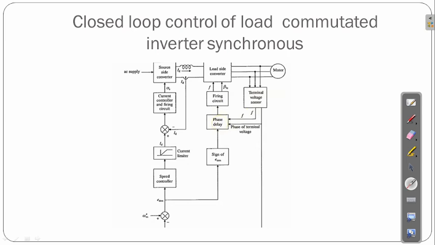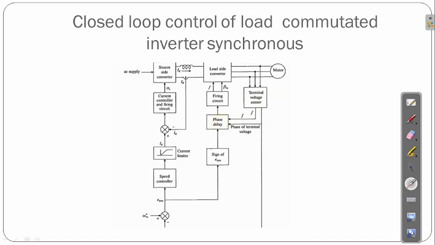Then the DC controller, speed controller and current limiter follow the same procedure as when the speed error is positive. After that the current will pass over here. This speed controller will control the speed so that it won't decrease further, and the current limiter is used to limit the current.